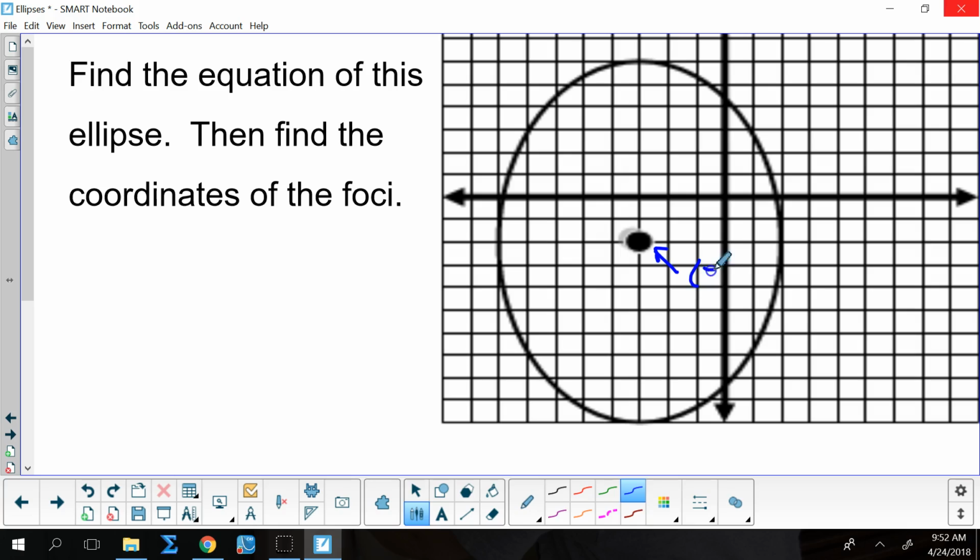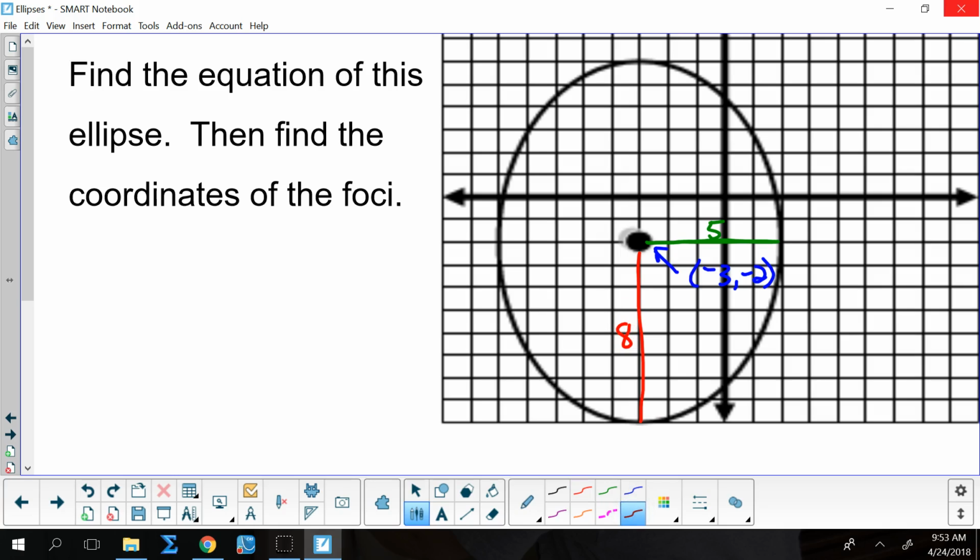So that's (-3, -2). This distance here is 1, 2, 3, 4, 5. This distance here is 2, 4, 6, 8.